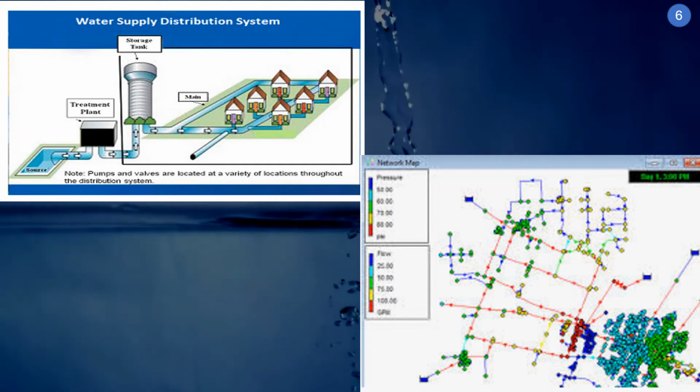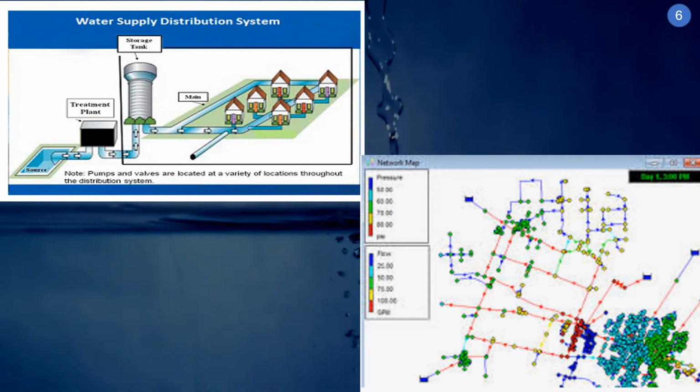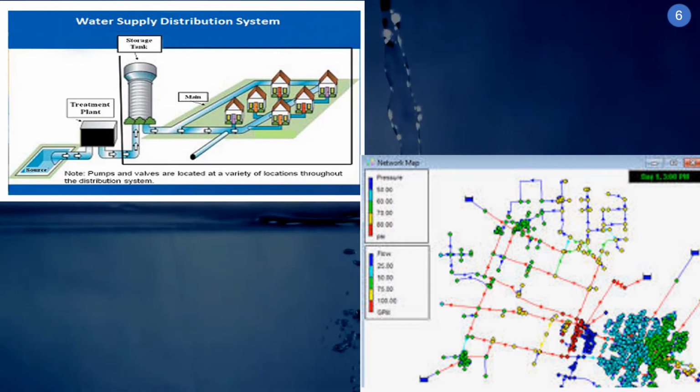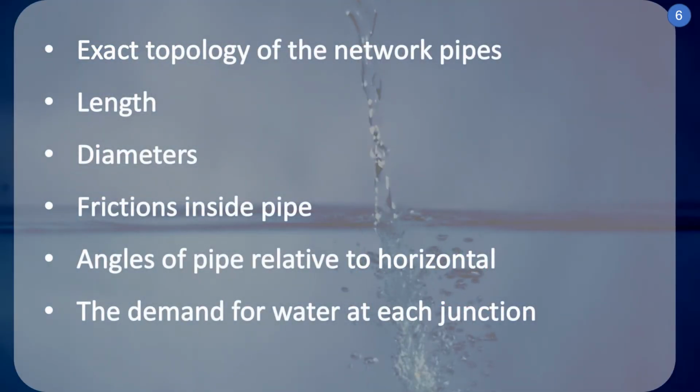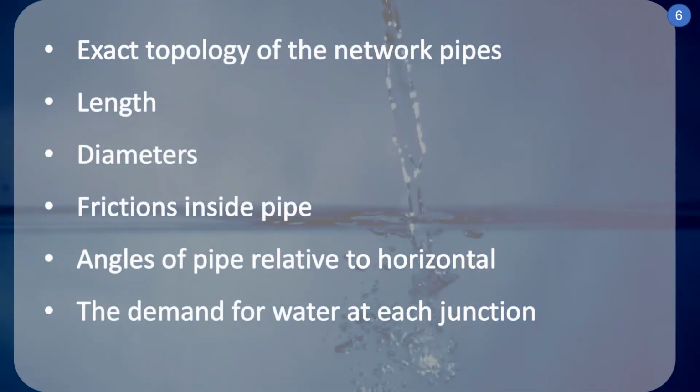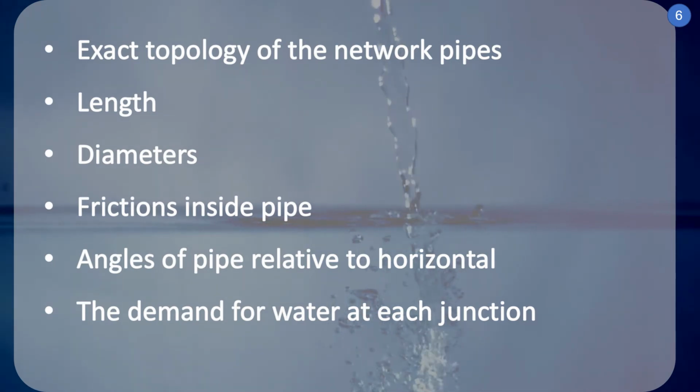It is a black box that, if you put into it the exact topology of the network pipes, length, diameters, frictions inside pipe, and angles of pipe relative to horizontal, and also the demand for water at each junction in the network for each hour of the day and for each day of the week, and the power of each of your pumps, there is a good chance that this model will be able to estimate the flow time on the network. Is it feasible? You can see from the list of parameters that you have to supply to the system in order for it to work properly that this mission is almost impossible.